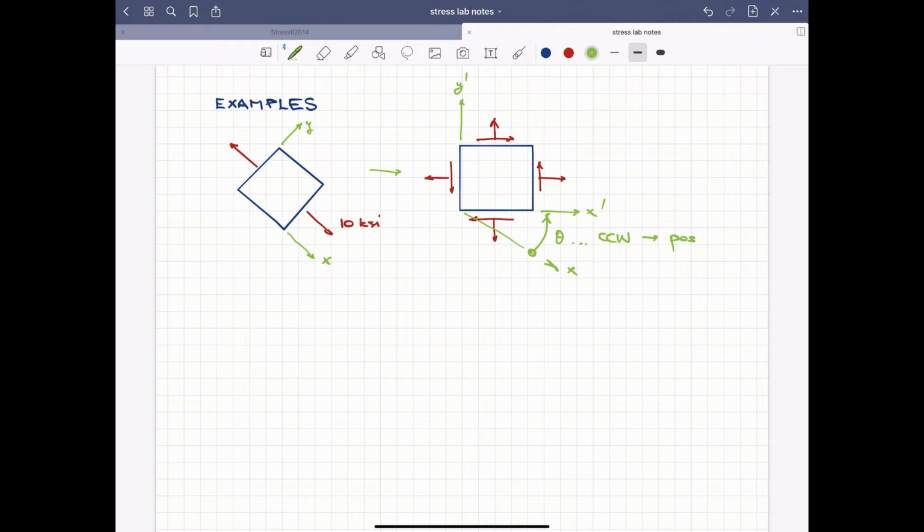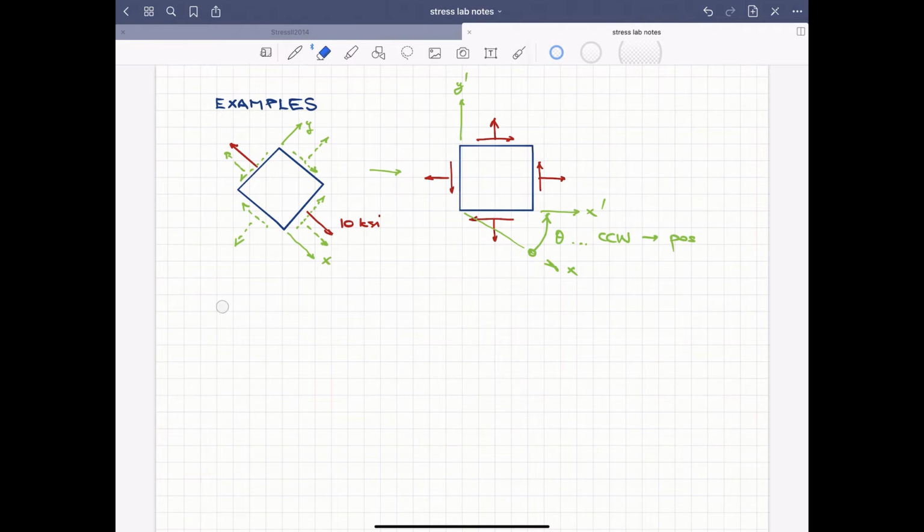The next step is to identify the given components of stress. In order to do so, I draw the positive components of stress that are consistent with the coordinate system x and y that I've drawn here. That shows here now sigma y, sigma x, and previously tau xy.